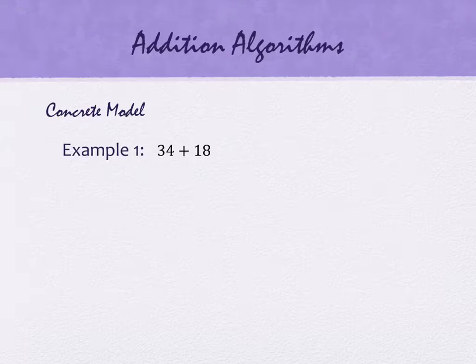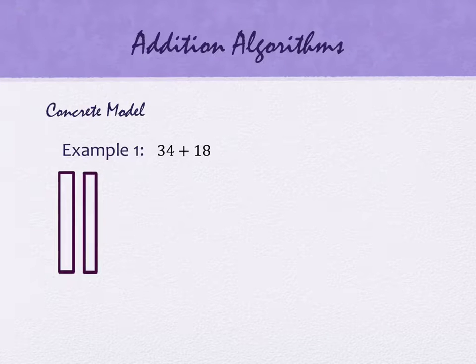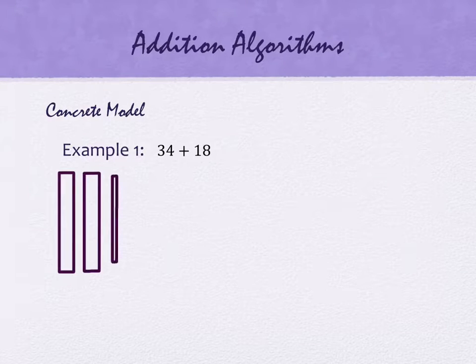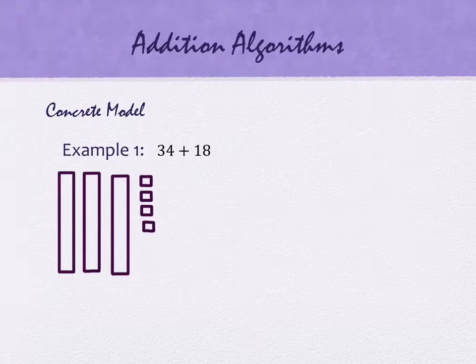All right, so the idea is to draw the images represented by the numbers. So for example, 34 would be 3 longs and 4 units. This is what you would actually have them do. They'd grab the 3 longs, they'd grab the 4 units, and then you would say we need to add 18 to it. So what would that look like, whether they grabbed it or whether we draw it?